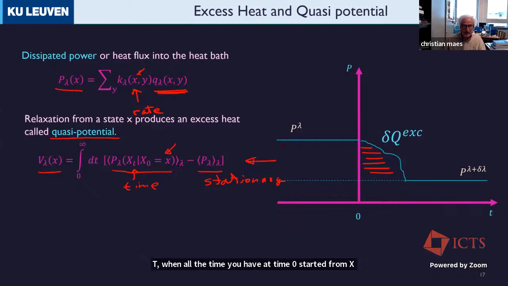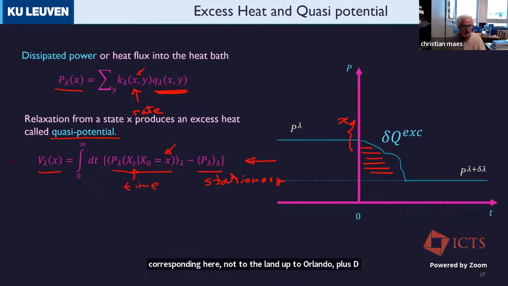So you should think that I prepared my system in my stationary condition. Of course, this has some fluctuation, and perhaps I am sampling a certain x from this initial distribution, and with that x, I then relax towards the new stationary state, which corresponds not to lambda, but to lambda plus d lambda.